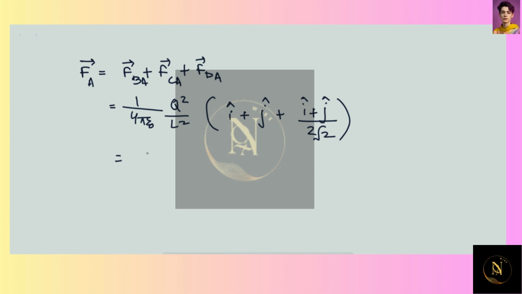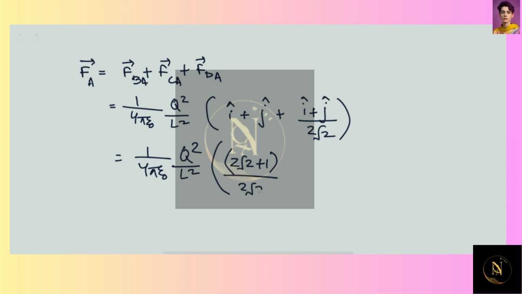So this gives the force on A to be 2 root 2 plus 1 over 2 root 2, that's along i cap, the x direction, and again 2 root 2 plus 1 over 2 root 2 j cap.